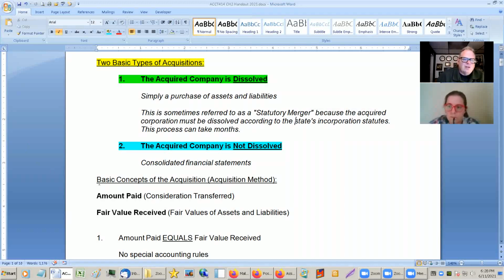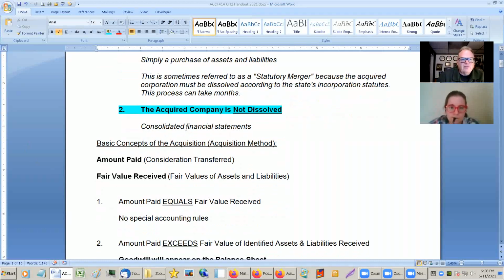The one that is not dissolved is far more interesting, because you'll have companies operating parallel to each other, doing their bookkeeping as if they're two separate companies, and then at the end of the year, you take them in and put them together.